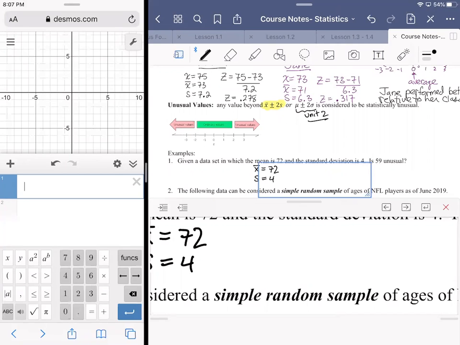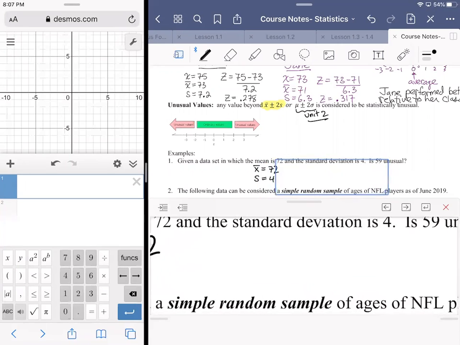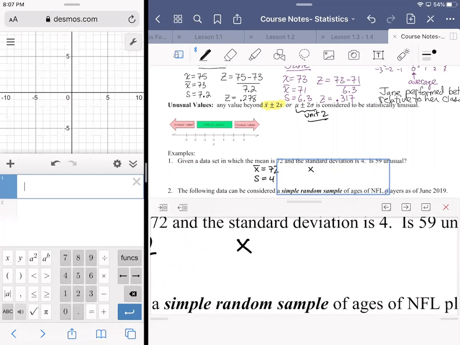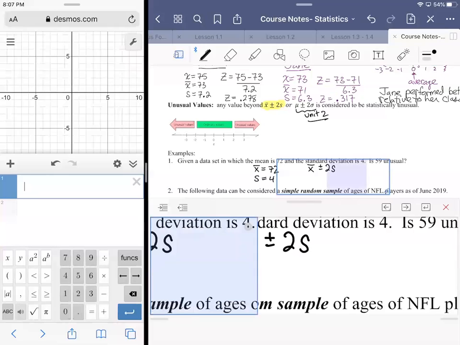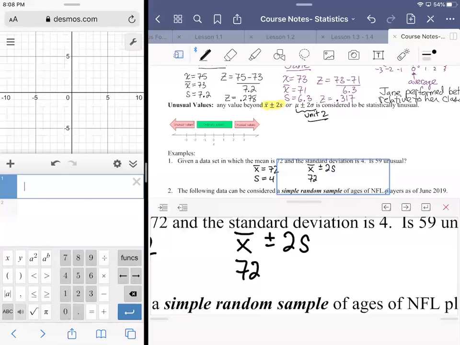Always. All right. So any value that falls outside of 2 standard deviations is going to be considered unusual. So we have a mean of 72 and a standard deviation of 4. So we're going to compute x bar plus or minus 2s. That's 72 plus or minus 2 times 4.